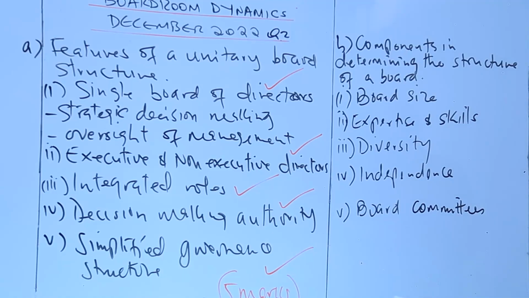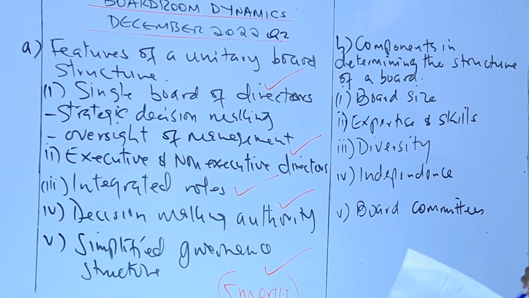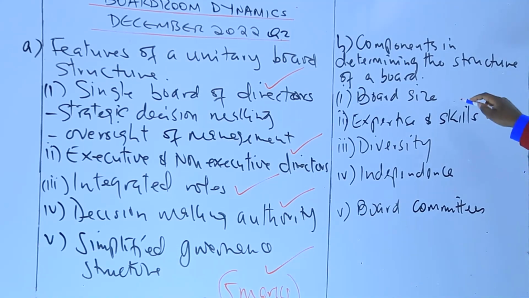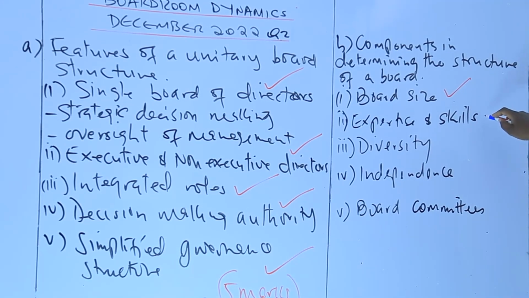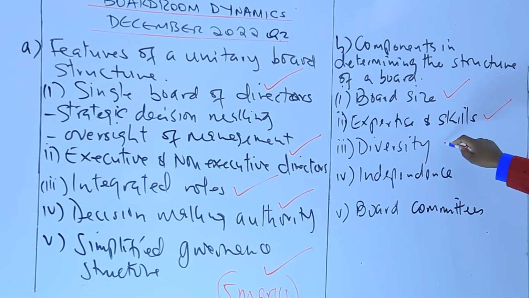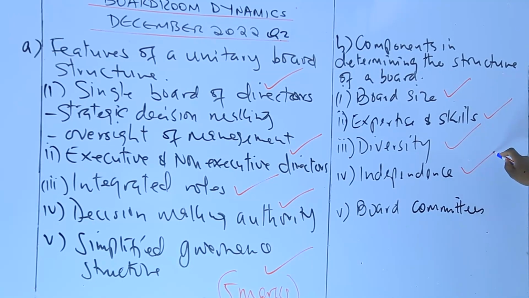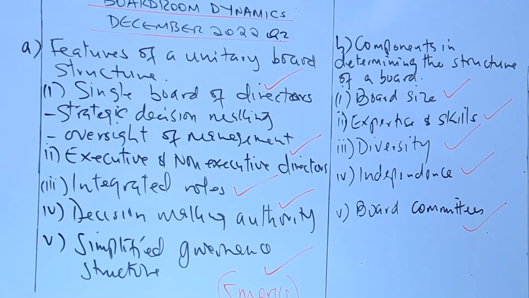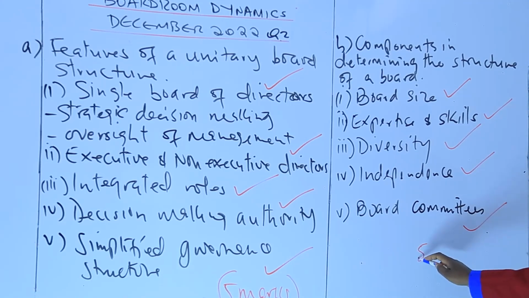So these are 5 components in determining the structure of a board: board size, expertise and skills, diversity, independence, and board committees. These are 5 marks.